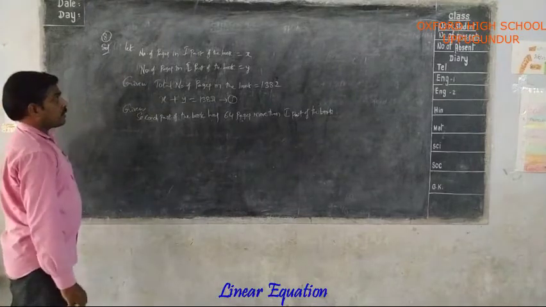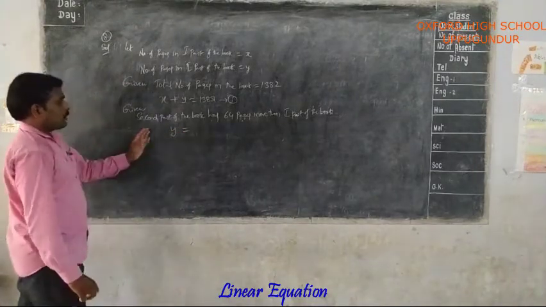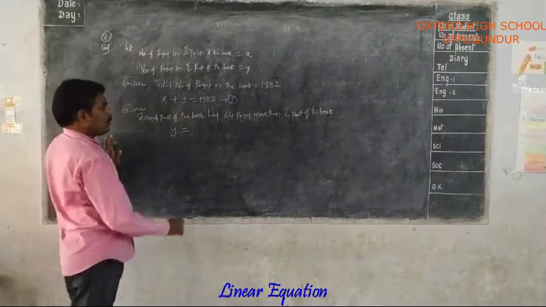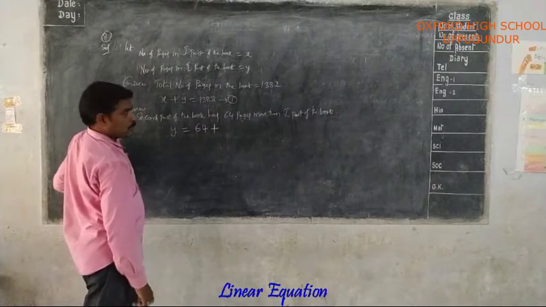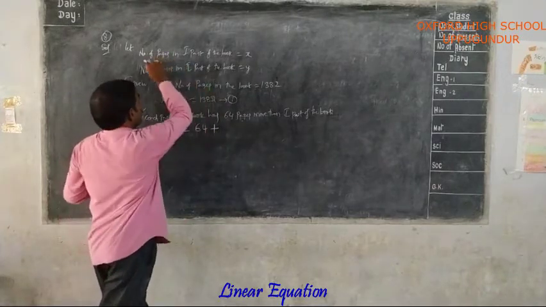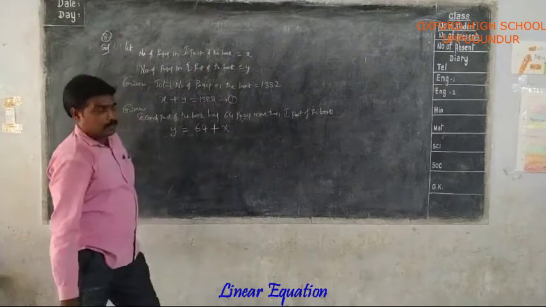Number of pages in the second part is Y, which equals 64 pages more, meaning plus, than the first part of the book. The number of pages in the first part of the book is X.